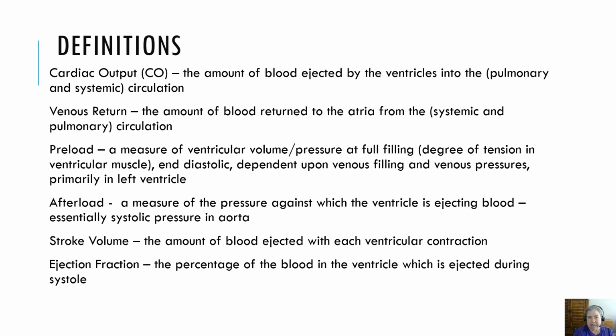It is abbreviated as CO, and it's the amount of blood that is ejected by the ventricles into the pulmonary circulation and the systemic circulation. It's about the same amount per unit of time, and it's usually going to be stated in liters per minute.